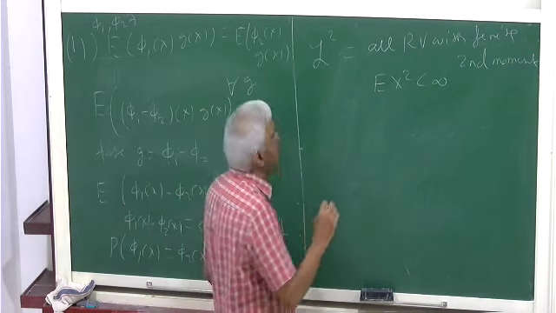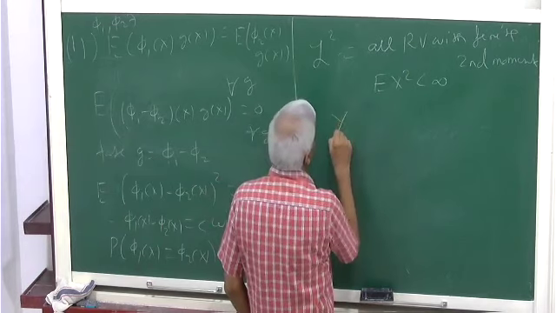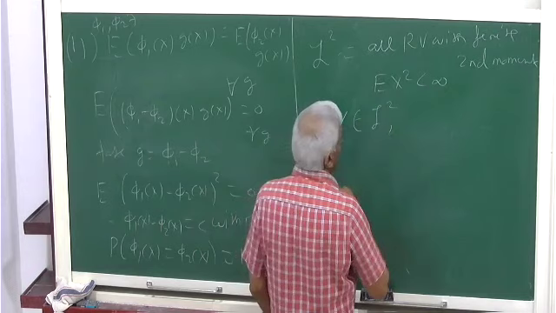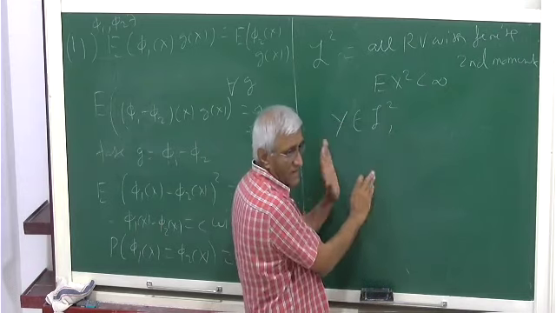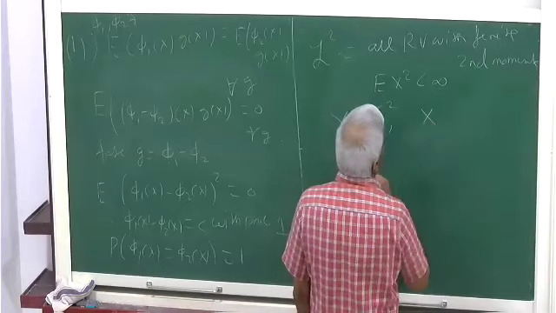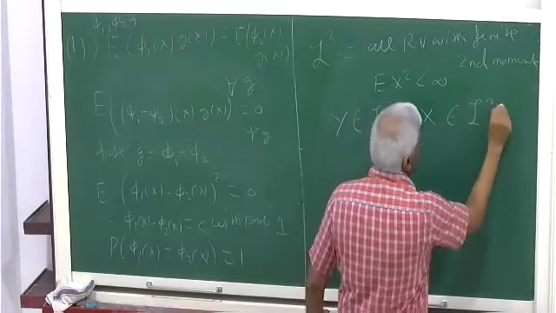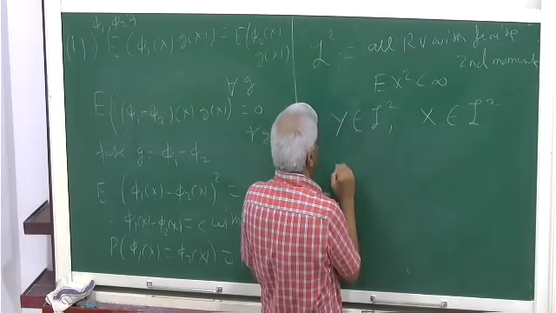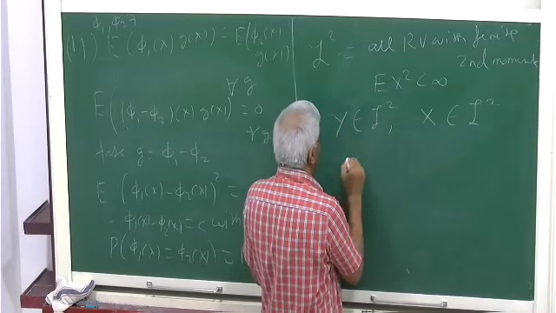Now you have a y in this L2. I mean, you don't need to understand this, this is not part of it. I'm just telling you this. Now y is in L2 and x is also in L2. So you take a subspace. How would we do it?